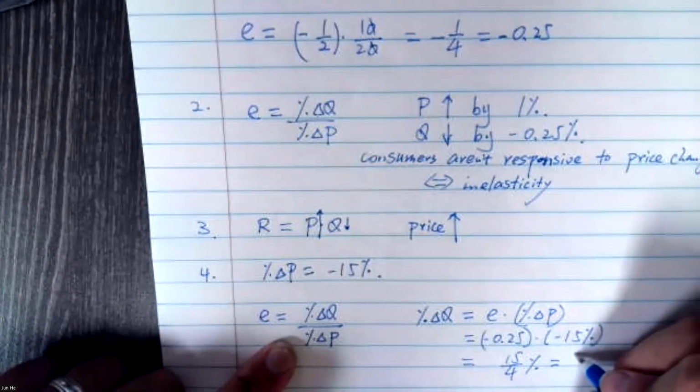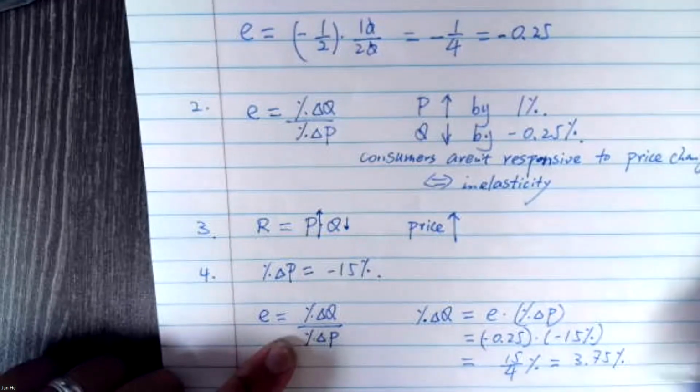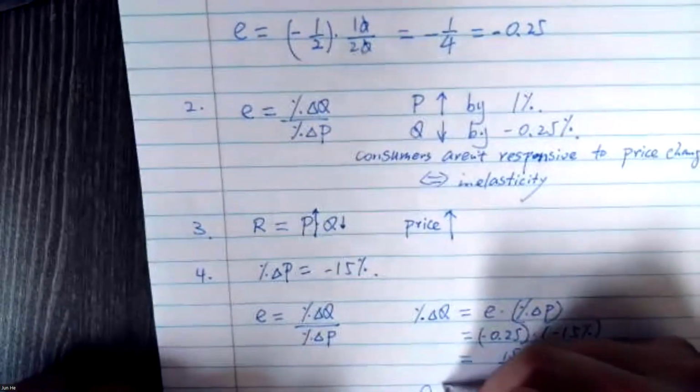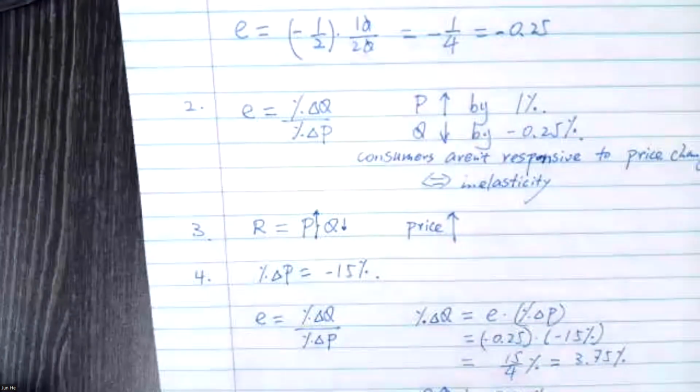That is 3.75%. So quantity will increase by 3.75%.